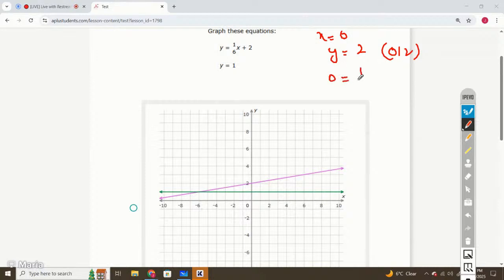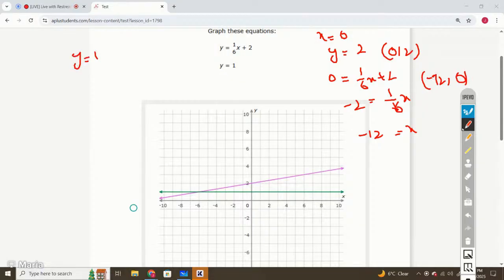When y is 0, that is x equals negative 12. So negative 12 and 0. Now for the second equation, we have a line that is y equals 1. Here is 0, 2, x is 0, y is 2. And here is the other point, that is negative 12 and 0. And here is the line on y equals 1.